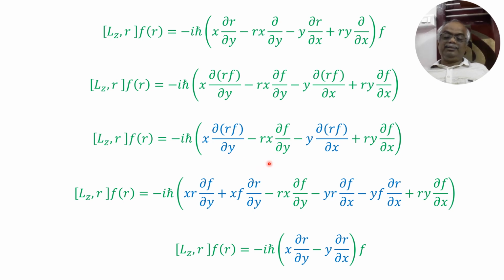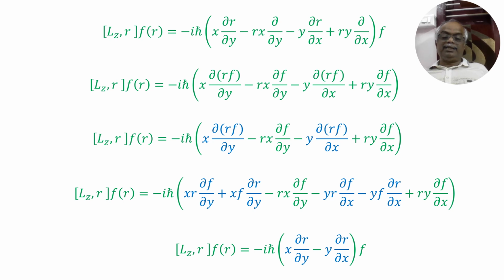Now you can see here this term, x r delta f over delta y. Similarly, here x into r. You can see the first and third terms, x r and r x. Since that is a real number, you can interchange back and forth.